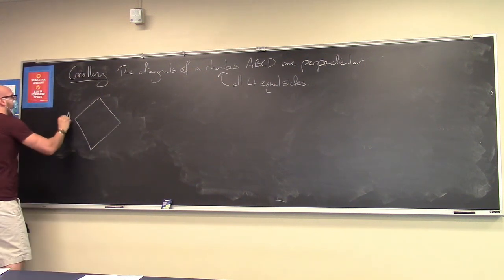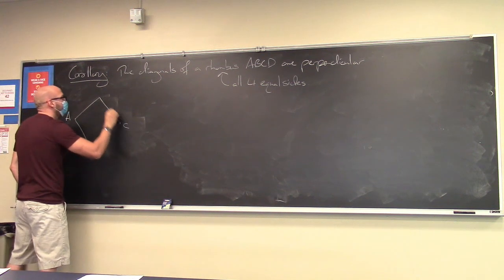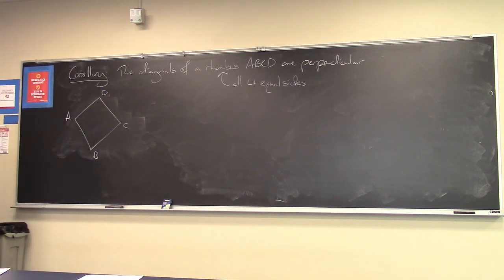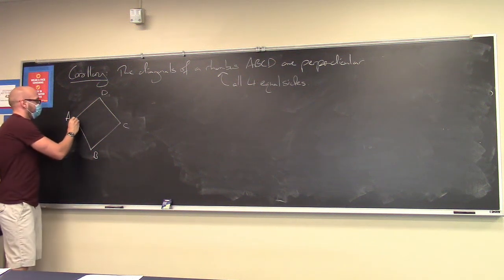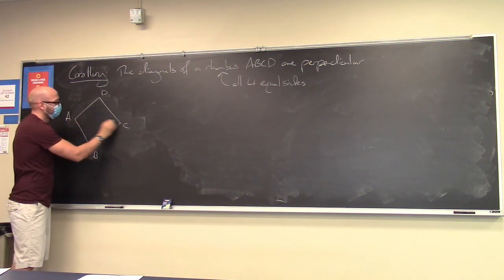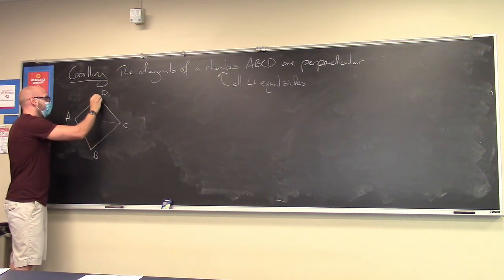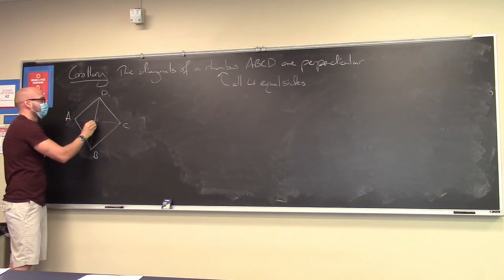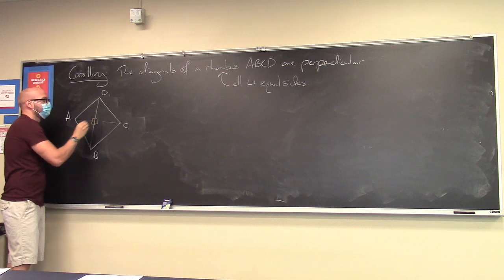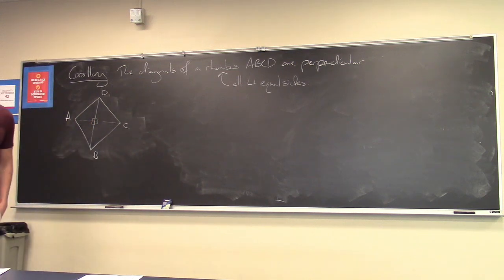Whatever. A, B, C, D. So what we want to show is that if you take these diagonals, then they cut through each other mutually perpendicularly. That's what we want to show. That's the claim.